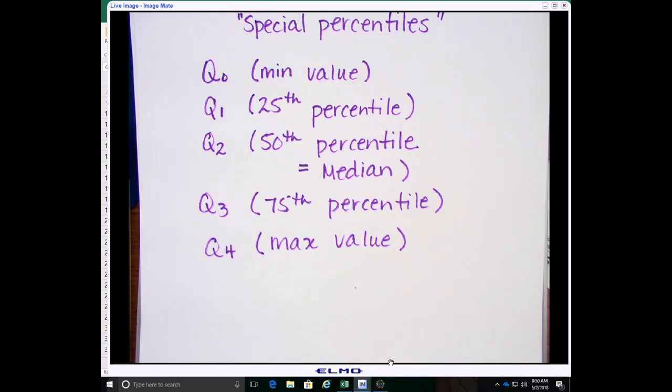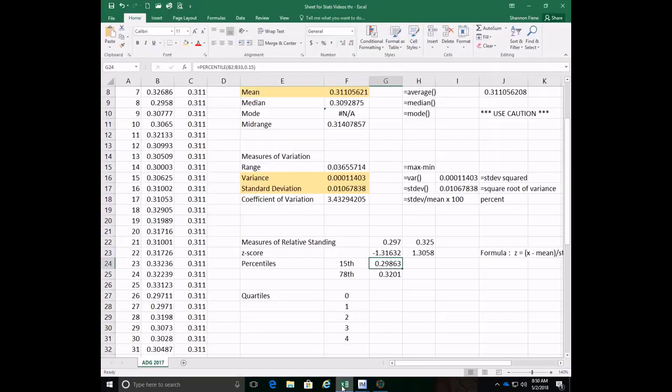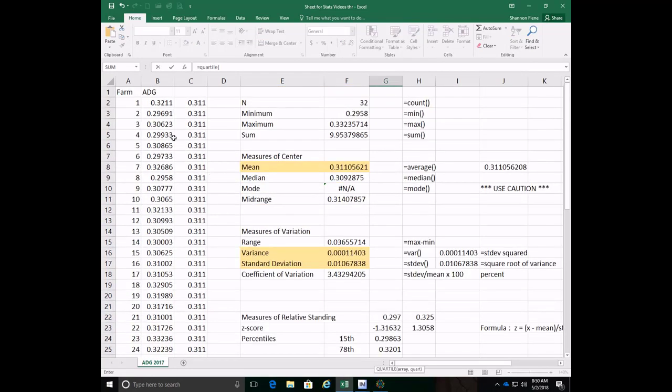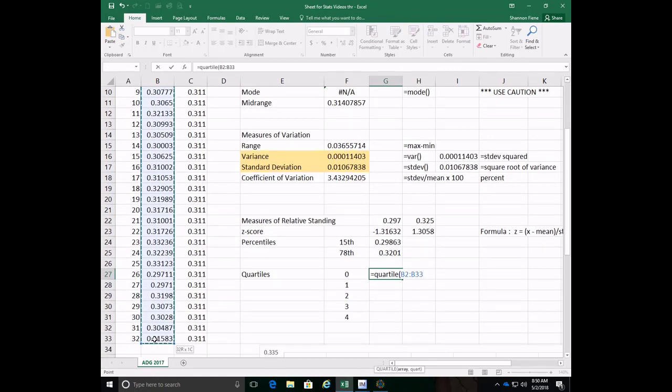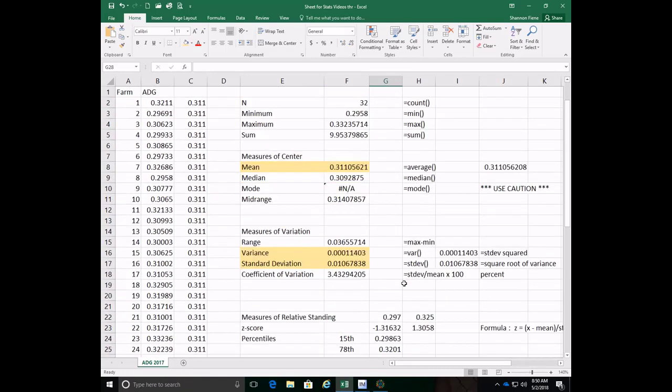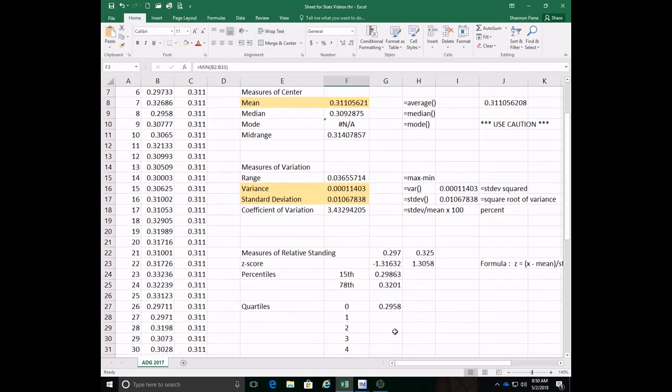Okay, so we can find the quartiles for our data. Our built-in function here is going to be equals quartile, open parentheses. You're going to highlight your data, make sure you get them all, and then comma, and now I'm going to put in a 0 to find the minimum value, and it's 0.2958. Notice up here, 0.2958, that was our minimum value.